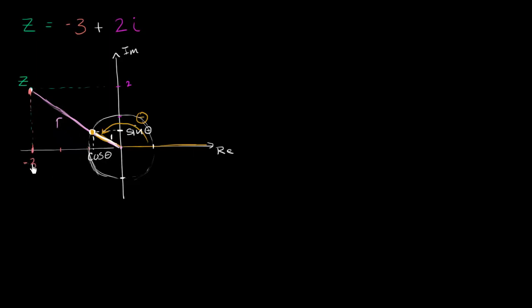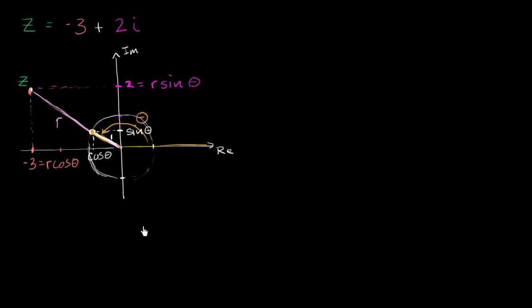So this point, which we know is -3, is equal to r cosine of theta. And by the same logic, the vertical coordinate, we're going to scale up sine theta by r. So this point right over here is going to be r sine theta. And we already know that that's equal to 2. So given that, can we now figure out what r and theta are?